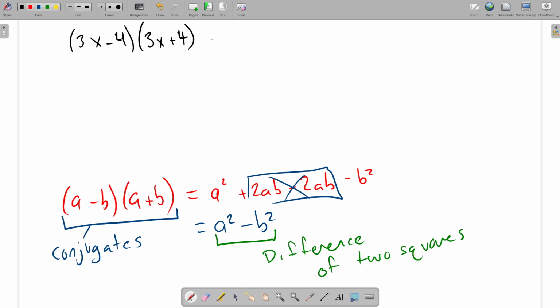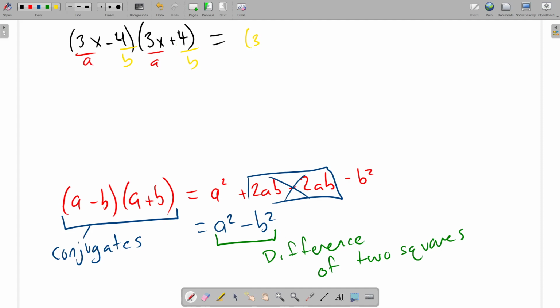Alright, so let's multiply these using the formula. This formula is very nice, and it's one of my favorites because we don't have to worry about the middle terms. We just have to identify what a is and b is, square them, and put a minus between them. So a is 3x, b is 4.